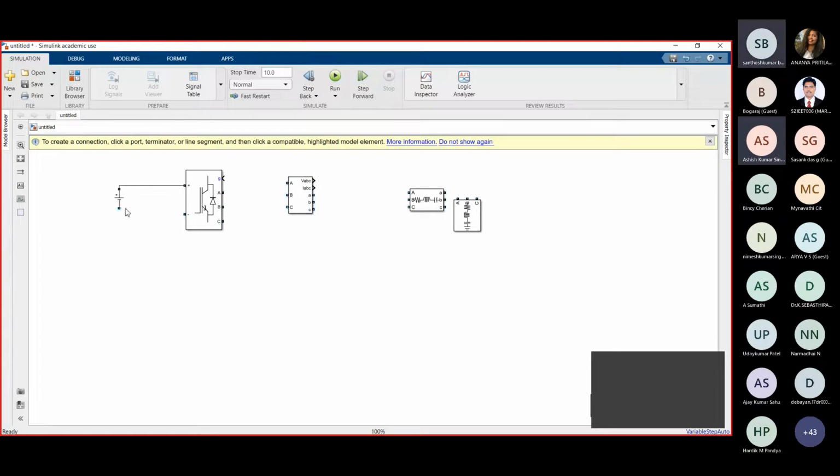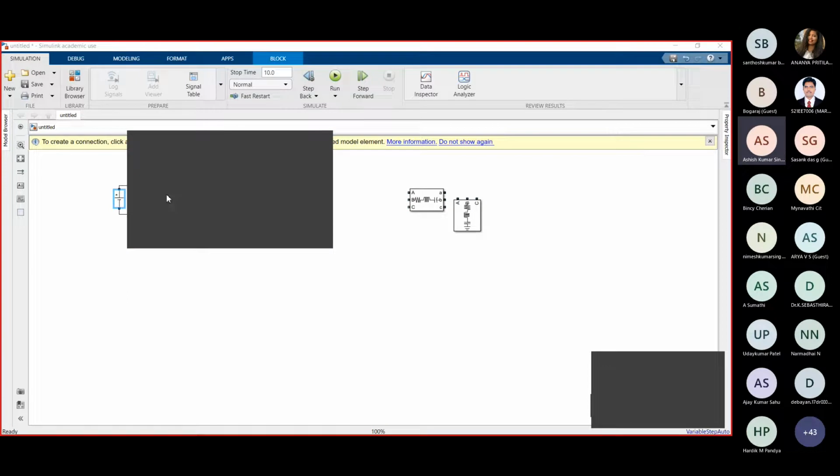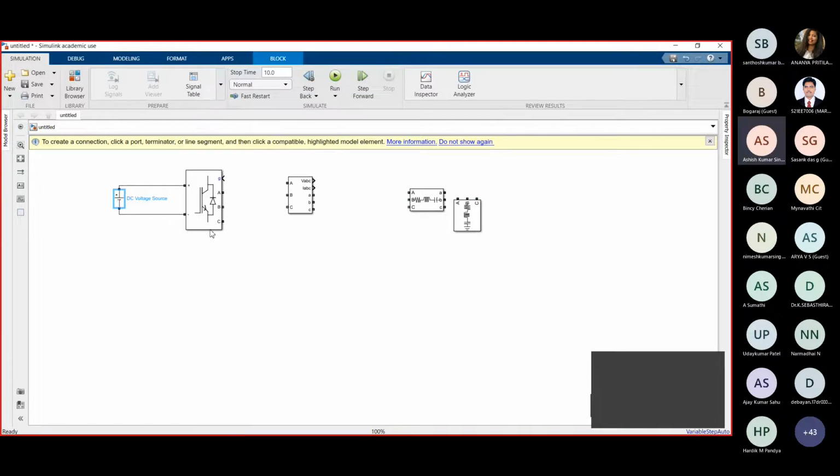So I'm connecting this supply to the inverter and giving 240 volts.